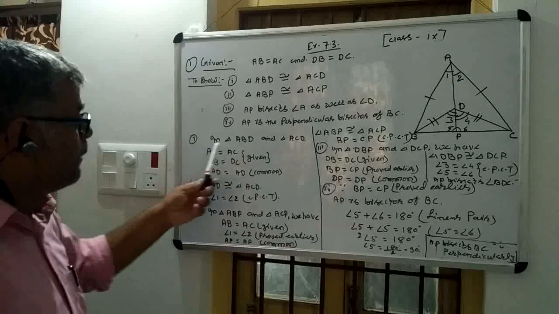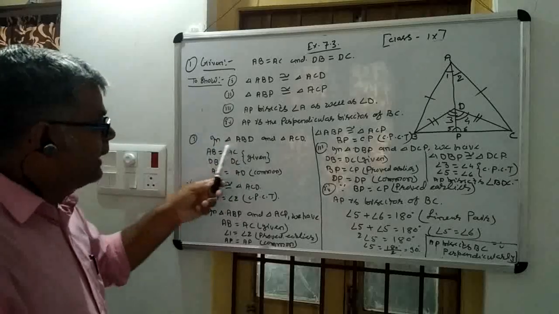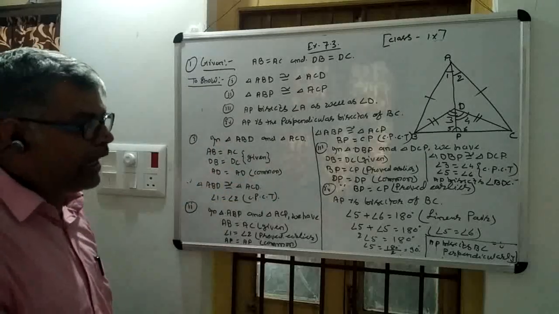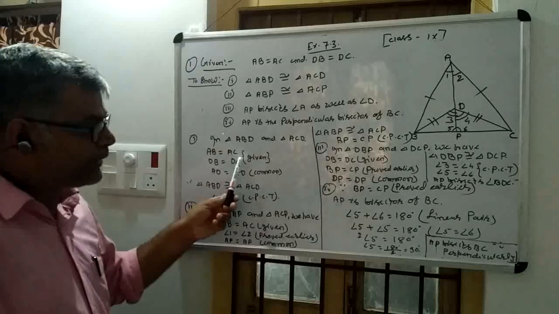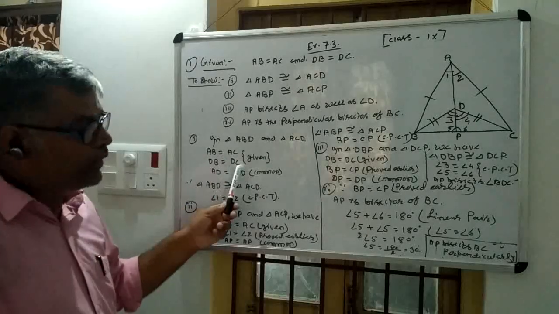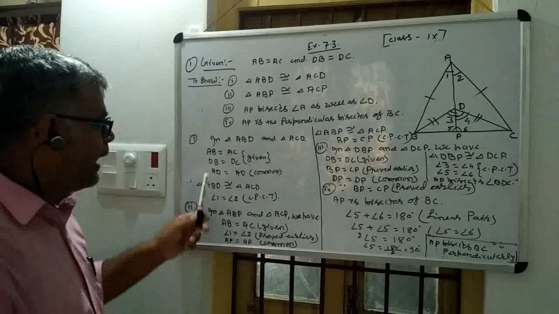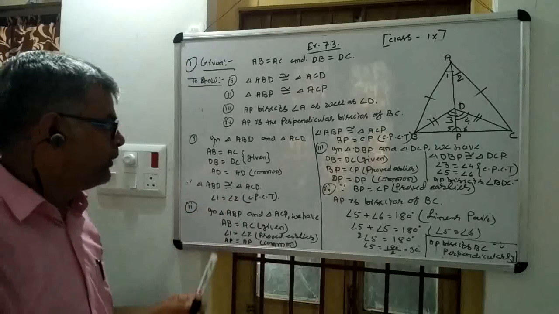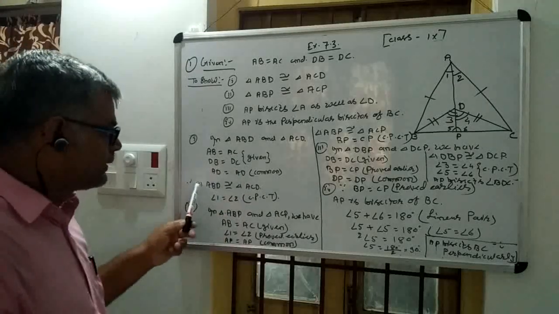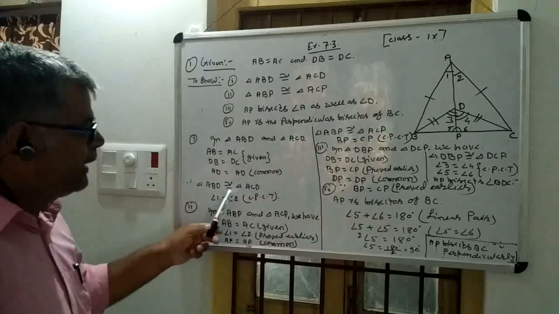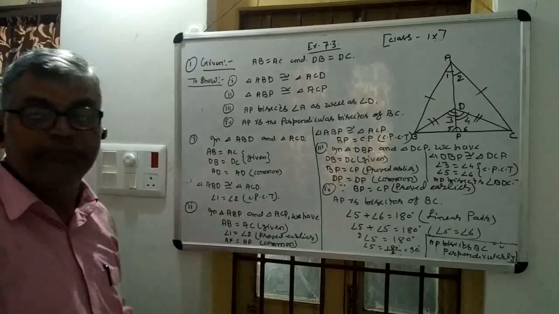So let's go one by one. First part, in triangle ABD and ACD we have AB equals AC and DB equals DC. These two are given and AD is common to both of them. So by SSS condition, triangle ABD is congruent to triangle ACD.